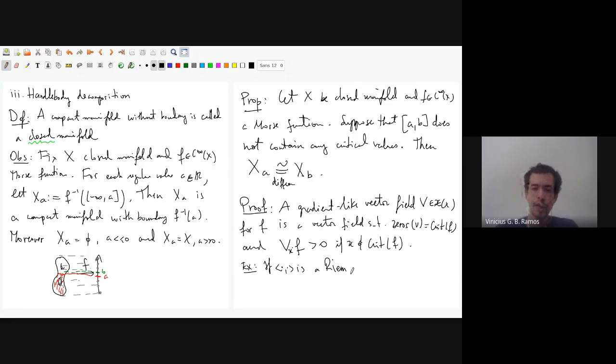If this is a Riemannian metric on X, there exists a unique vector field, which is called the gradient of F, such that when you put the gradient in and leave the second input blank, this is the same as doing dF.